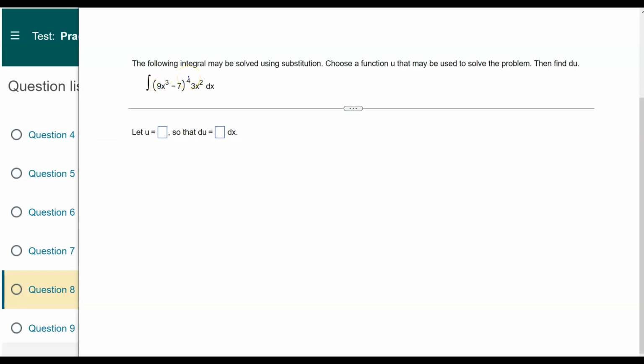So in this case, our u is equal to 9x cubed minus 7. So if that's your u, the du, the differential derivative here, is just equal to 9 times 3, which is 27x squared, and the derivative of 7 is 0. And then you put the dx there. Okay, so this is the answer. That's the derivative, or the differential.